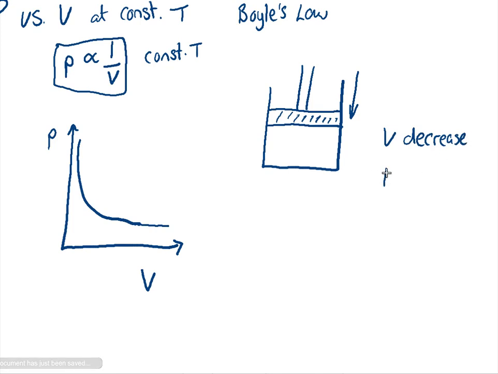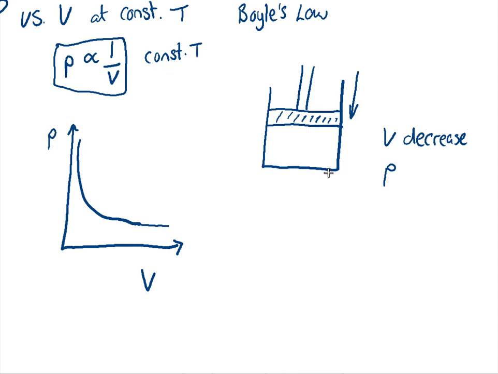What would happen to the pressure? Well, because the volume has decreased, the gas molecules in our sample will continue flying around at the same speed because they're at constant temperature and therefore have constant energy. But because the volume is smaller, there would be a greater number of collisions between the atoms and the molecules of the gas, and between the atoms and the molecules of gas and the sides of the container.